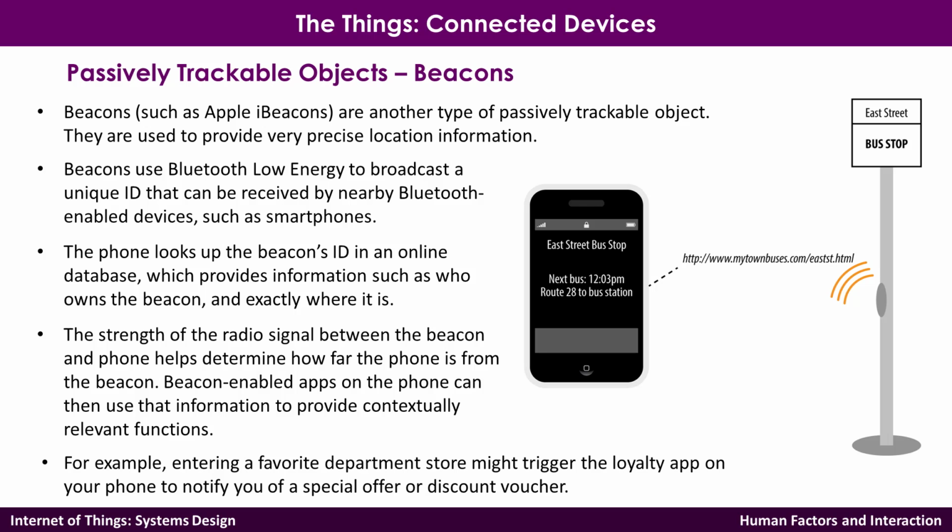It might be sending a link to the online service, because beacon technology is not designed to broadcast live information like what the next bus is, but it provides a link that you can go through quickly, and the link will be updated in real time, so you can get the real-time information. The link is provided by the beacon, but the beacon doesn't provide the information. That is how beacon technology is expected to work.